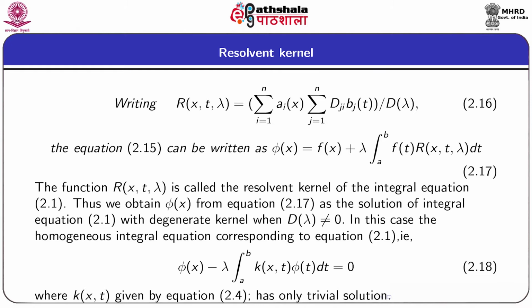That means for those values of lambda which make D(lambda) not equal to 0, the corresponding homogeneous integral equation given by equation 2.18 with the degenerate kernel has only the trivial solution.